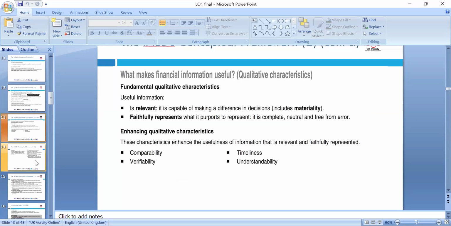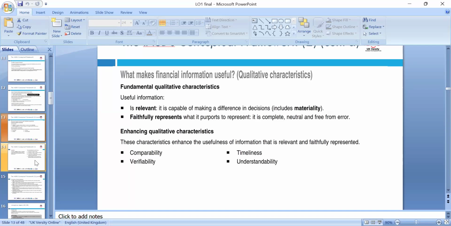Okay, so please, fundamental characteristics are quite crucial. The information needs to be relevant, capable of making a difference in decisions, including all the material information, with faithful representation: complete, neutral, and free from errors. Then there are the enhancing qualitative characteristics: comparability, such as two years' figures, and timeliness. Information should be verifiable, so we can verify what we are saying in the financial statements.